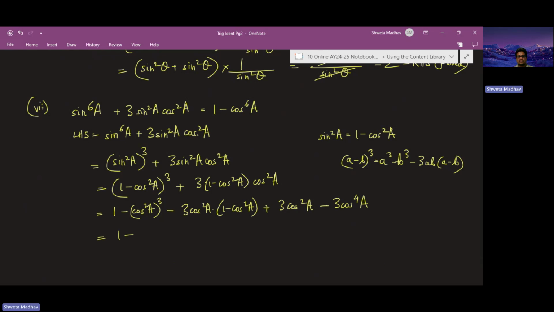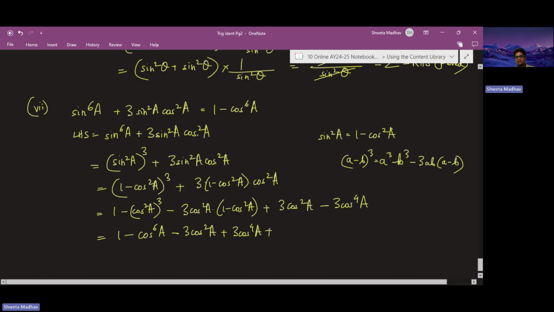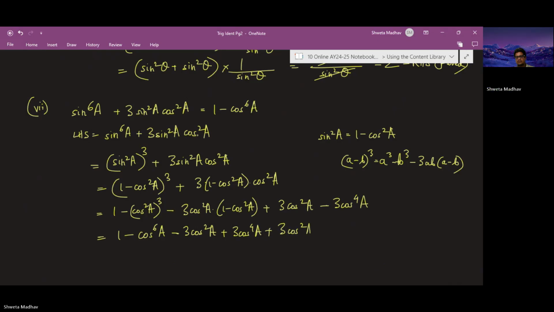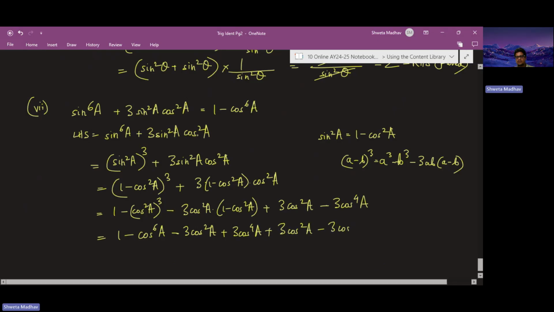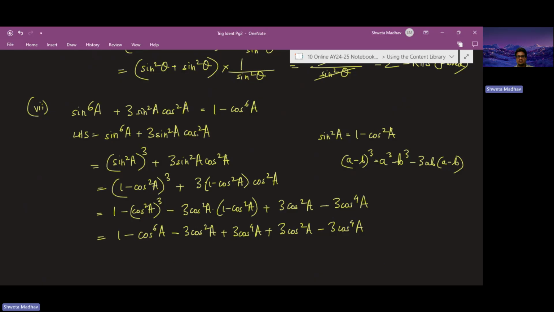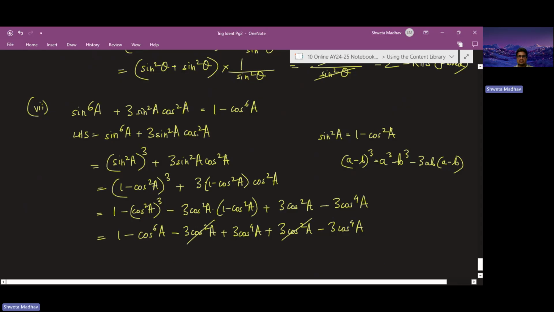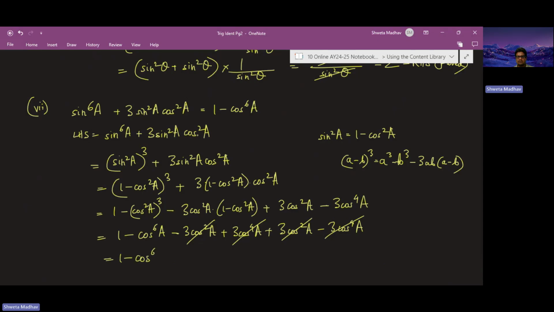This will be 1 minus cos power 6a, minus 3 cos square a, plus 3 cos power 4a, plus 3 cos square a, minus 3 cos power 4a. So minus 3 cos square a plus 3 cos square a will get cancelled, and plus 3 cos power 4a minus 3 cos power 4a will get cancelled. So this will be equal to 1 minus cos power 6a, which is equal to the right hand side.